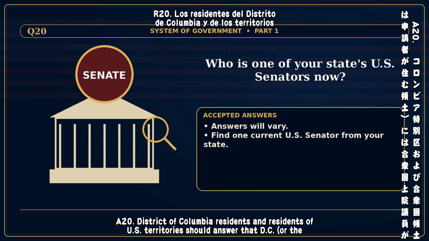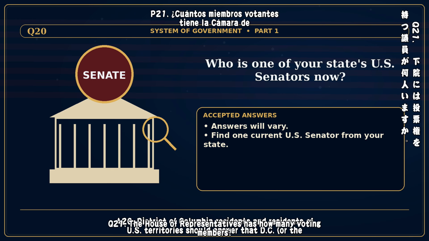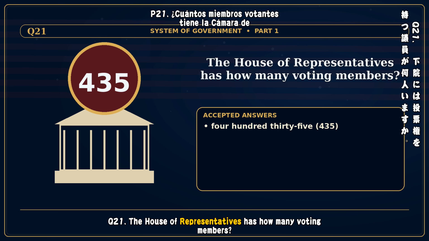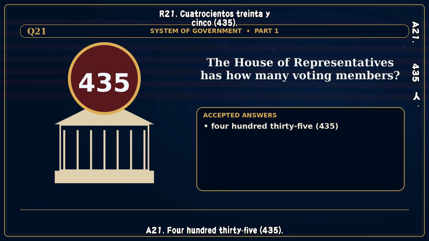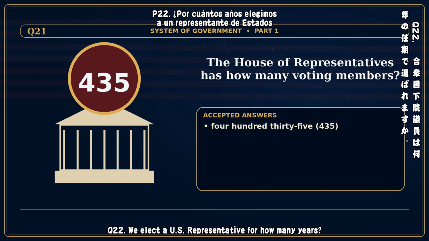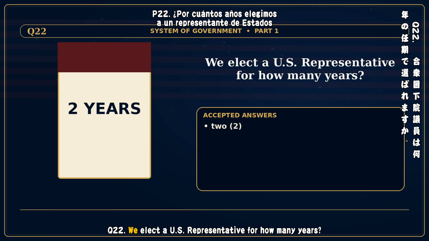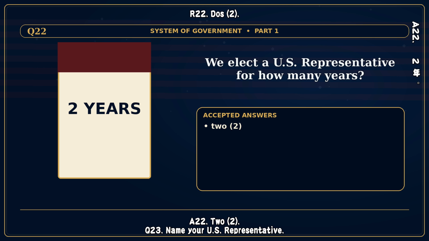Answers will vary. District of Columbia residents and residents of U.S. territories should answer that D.C. or the territory where the applicant lives has no U.S. senators. The House of Representatives has how many voting members? 435. We elect a U.S. representative. For how many years? 2 years.